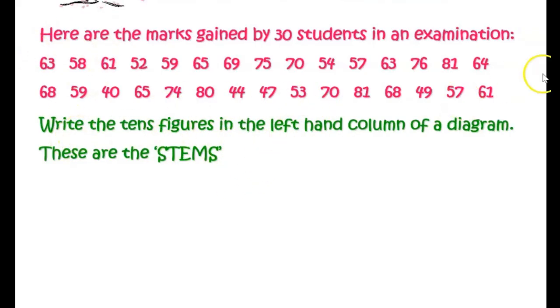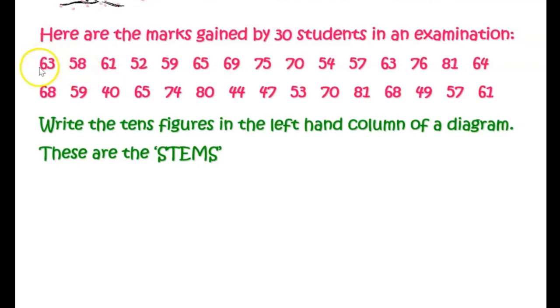Like here we have 63. The tens digit here is 6. Here we have 58. The tens digit is 5. I'm sure you understand how to work with your tens and your ones.